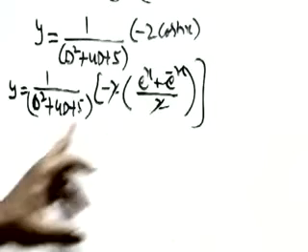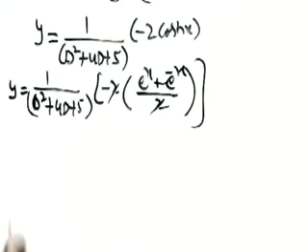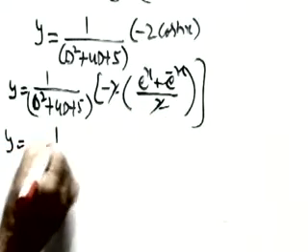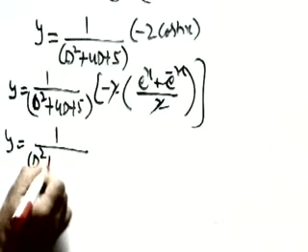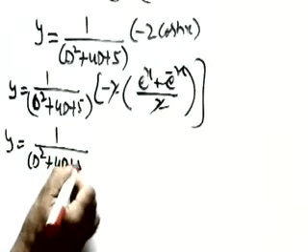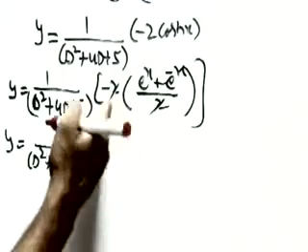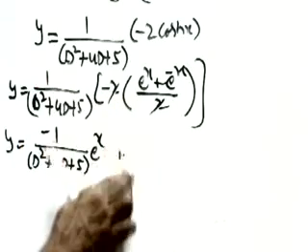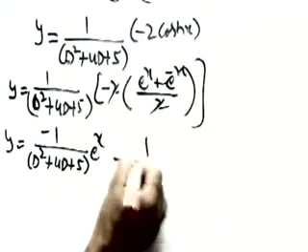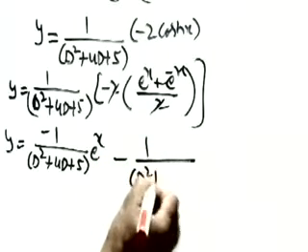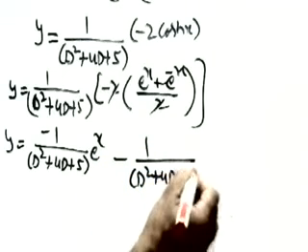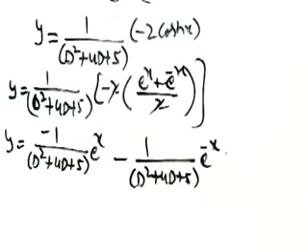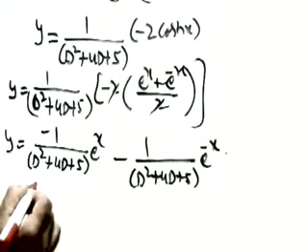So let me cancel this 2. Now you separate this with e power x and e power minus x. So y equals to minus 1 divided by D square plus 4D plus 5 into e power x, minus 1 divided by D square plus 4D plus 5 into e power minus x.